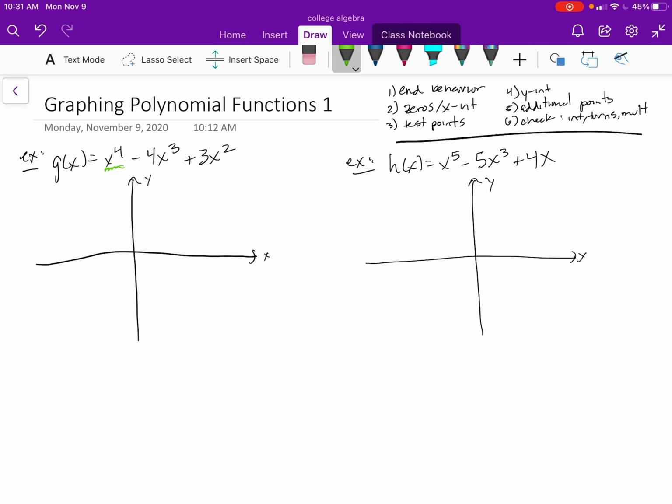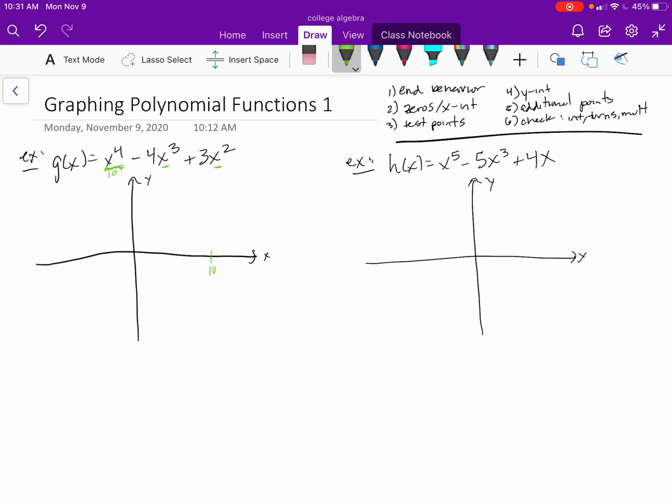So to think about that, if I did just plug in a small value like 10, 10 to the fourth is significantly larger than 10 to the third, even multiplied by 4, and even more significantly larger than 10 squared. But that's just the power of 10, right? Like if I scaled this to 10 right here, we'll see quite a change with the fourth power.